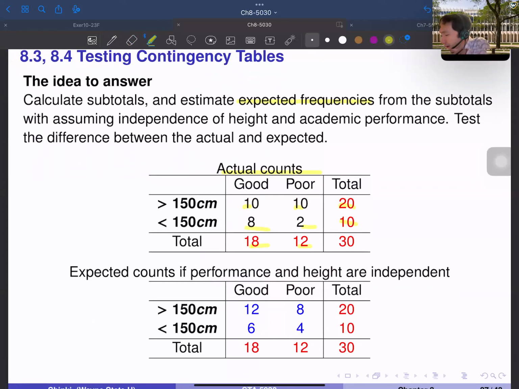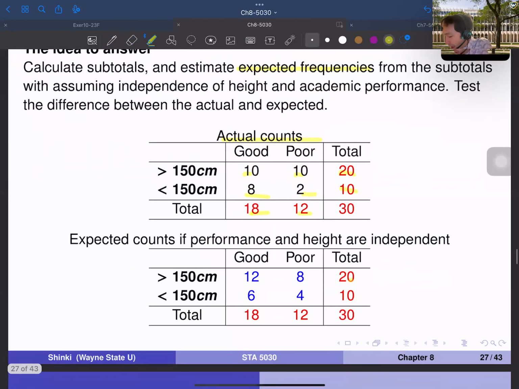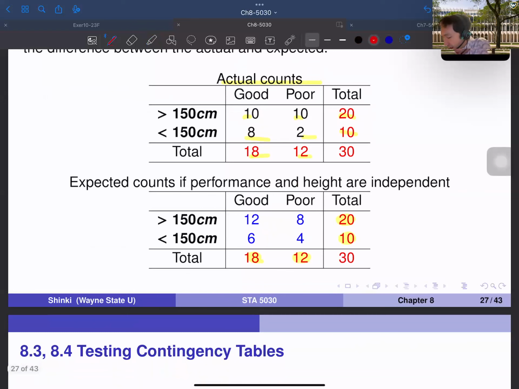So the subtotals are 20, 10, and 18, and 12. That means 18 out of 30, so 60% of students have good academic performance. And 20 out of 30 is 0.67, so 67% of students are more than 150 centimeters.